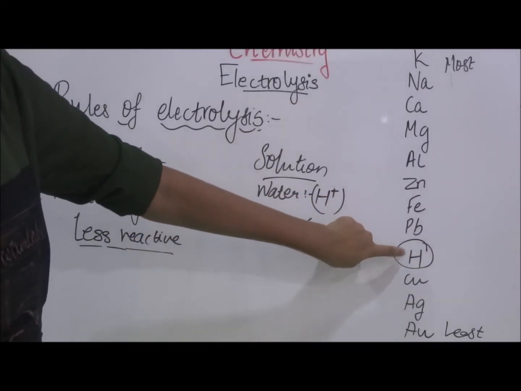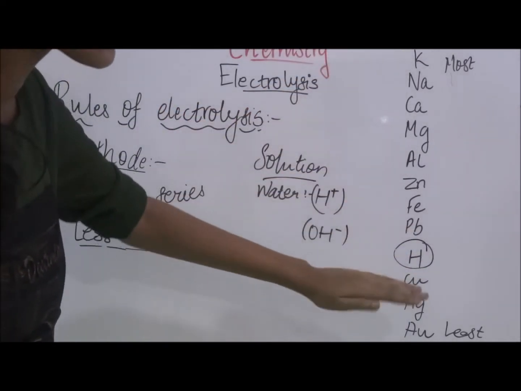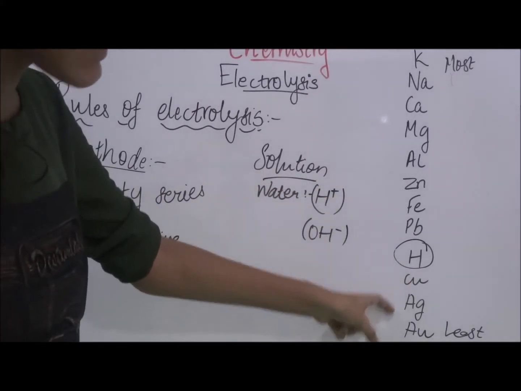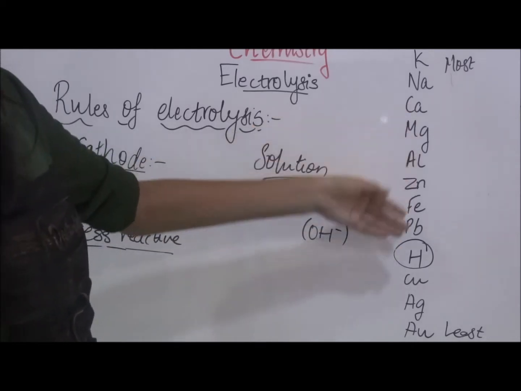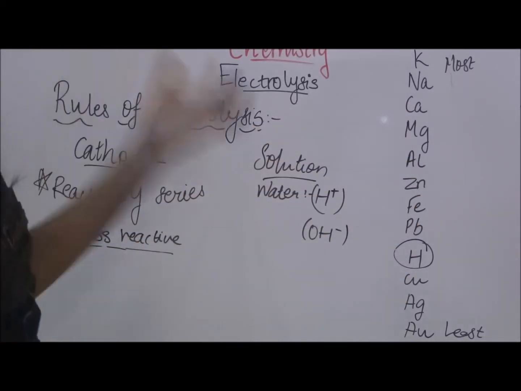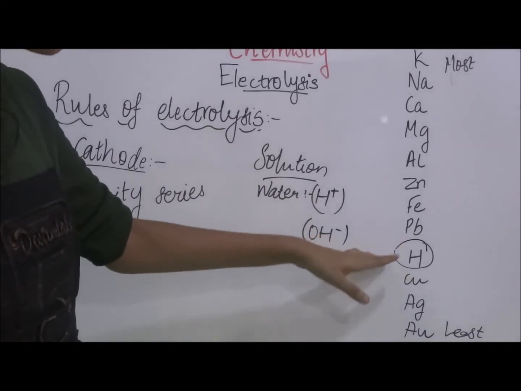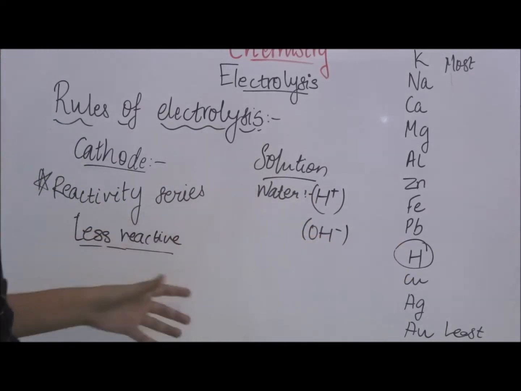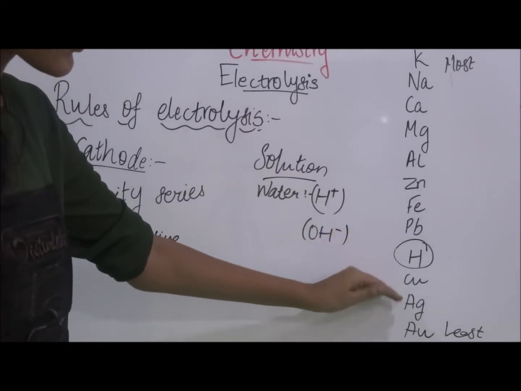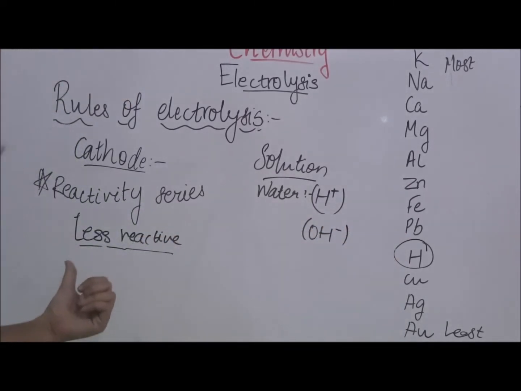If hydrogen is less reactive than the cation, then hydrogen will form at the cathode. However, if the cation is less reactive than hydrogen, then the cation will form. So then the metal will form. Let's take the example that copper is the cation present in the solution. Now copper is less reactive than hydrogen, so copper will form at the cathode.